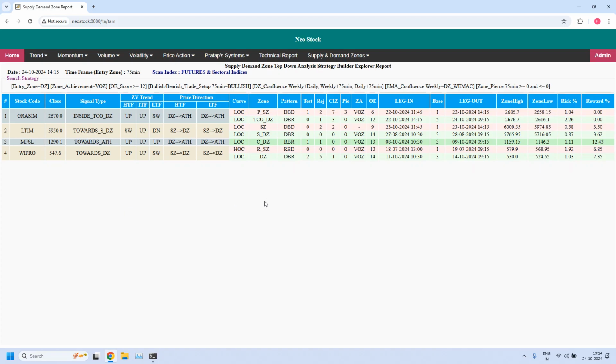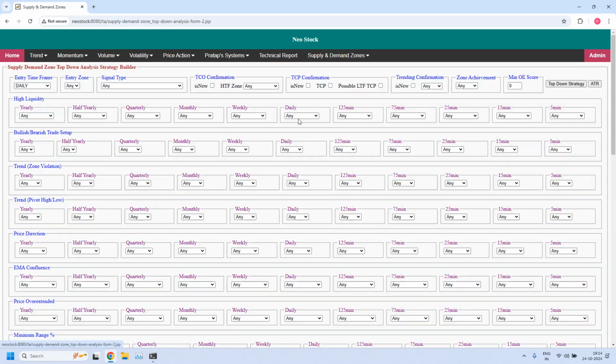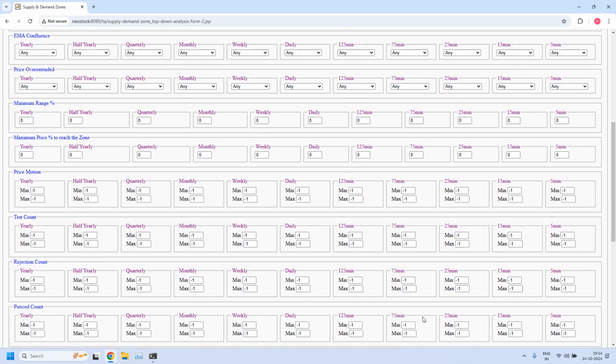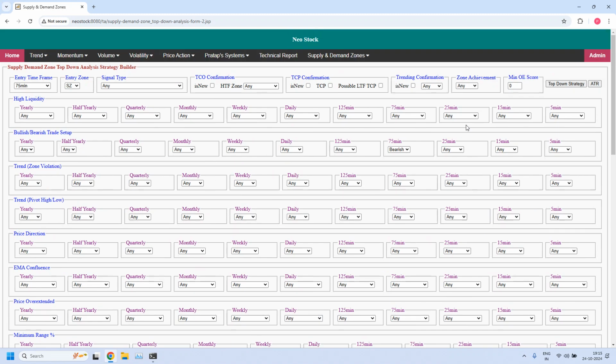Okay, next let us look for bearish trade setup for weekly income trade, that is entry time frame 75 minutes, entry zone supply zone. In bullish or bearish trade setup at 75 minutes time frame, I am selecting bearish. The 75 minute supply zone should not be pierced. So in the pierced count at 75 minutes time frame, I am setting minimum value 0, maximum value 0.